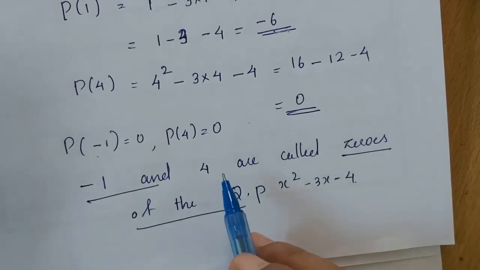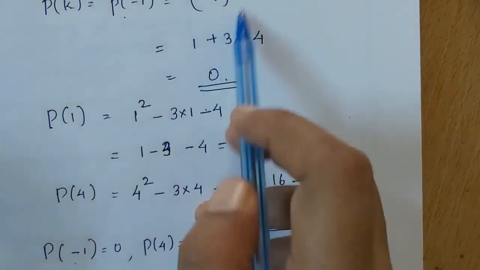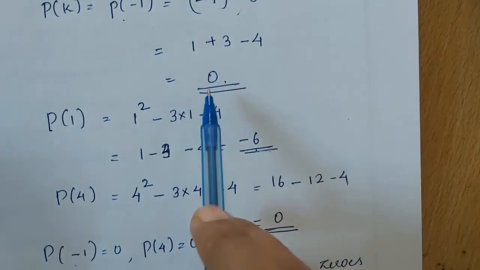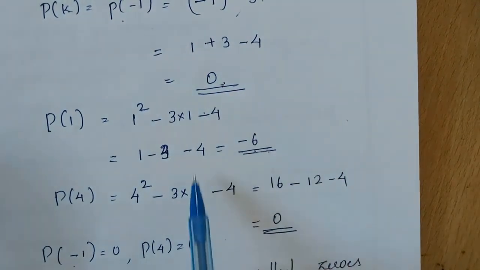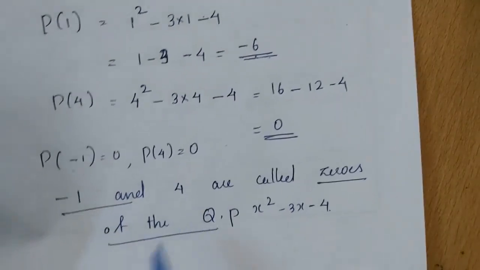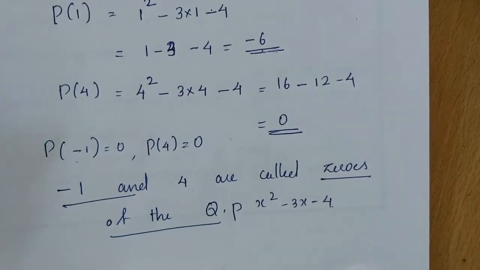That is, zeros of a polynomial mean when we are substituting a value for a polynomial, it gives the value of the polynomial as 0, then it is called zeros of the polynomial.